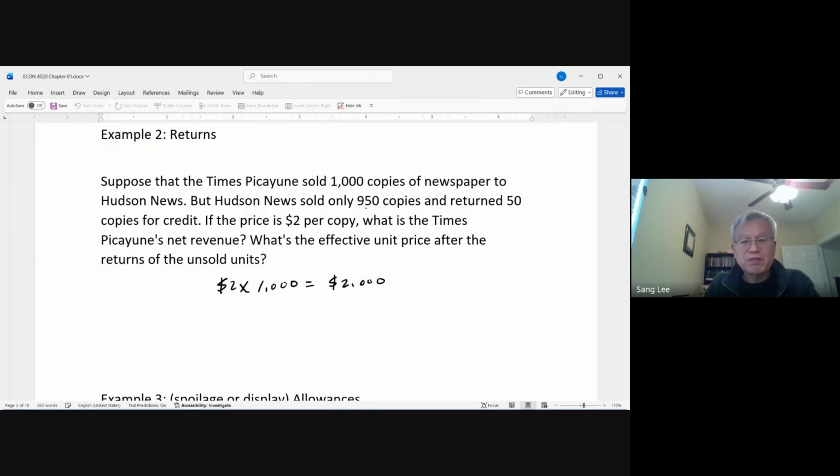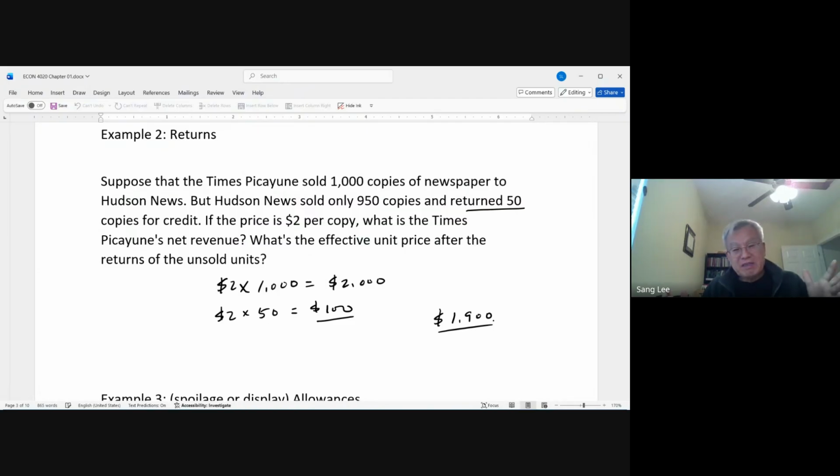But later, the unsold copies, 50 copies, when they are returned, you have to give the money back, so $2 times 50 copies, that's $100. So this much money is going out. So you only keep $1,900. So what's the effective unit price after the returns of unsold units?